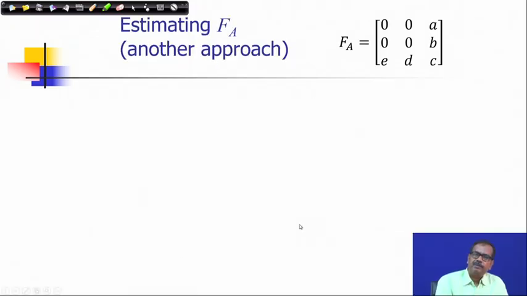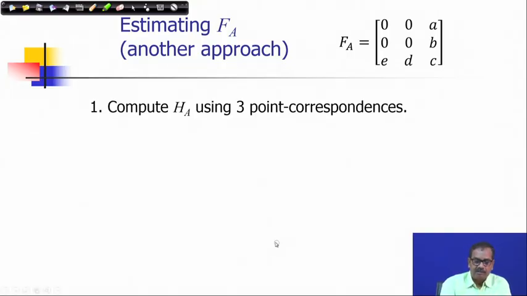So, that approach was using the set of correspondence points, where you can form linear equations exploiting these constraints of epipolar geometry, and we have seen how you can solve those equations, which becomes simpler for the case of affine fundamental matrix estimation. Now, we can use another approach for estimating the fundamental matrix.